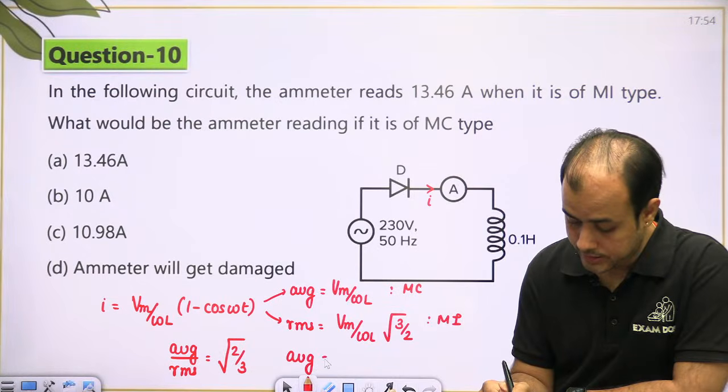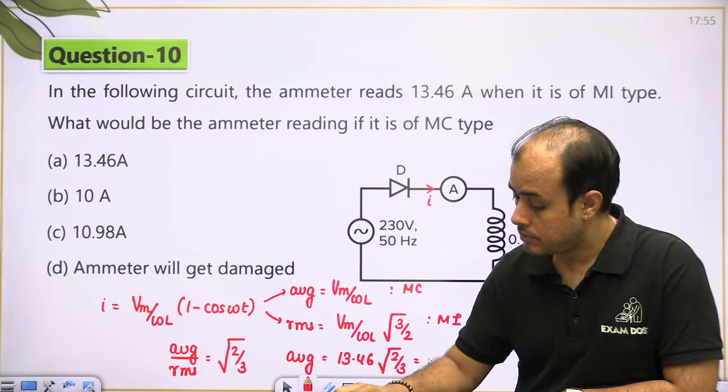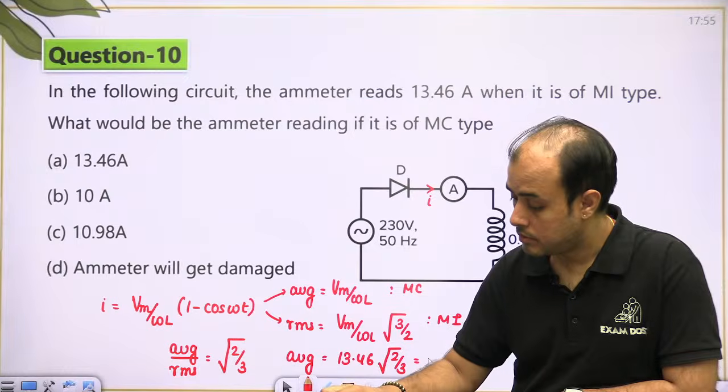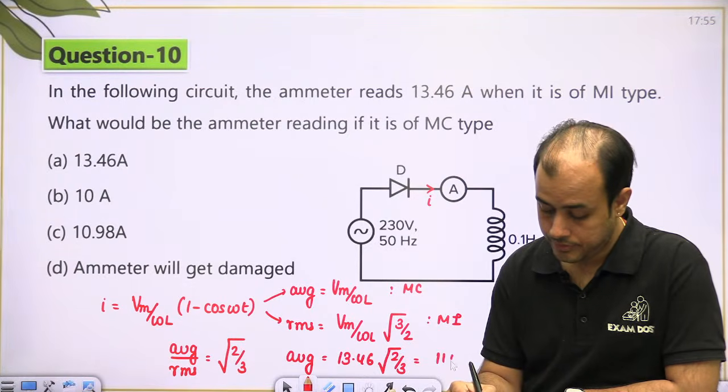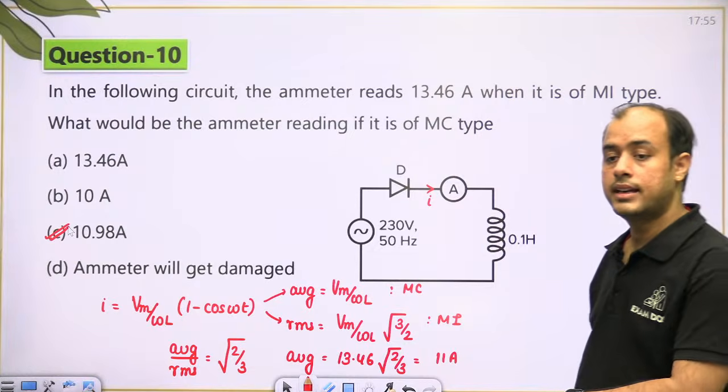Therefore average is C. ठीक है, आंसर इज C.